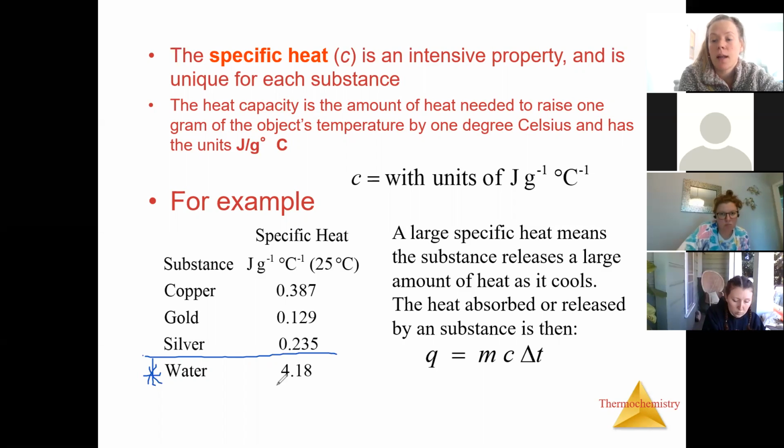So it actually takes more energy to raise water up 1 degree Celsius than it does any of these metals. And if you don't believe me, think about when you're heating up a tea kettle filled with water. How quickly does the metal tea kettle get hot? Pretty quickly, it will heat up. How long does it take for the water to get hot? It's like never fast enough. So the water is just going to take a substantial amount of energy to increase its temperature.